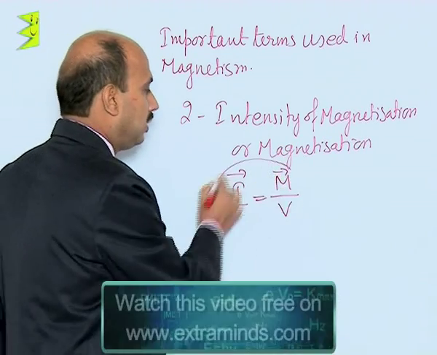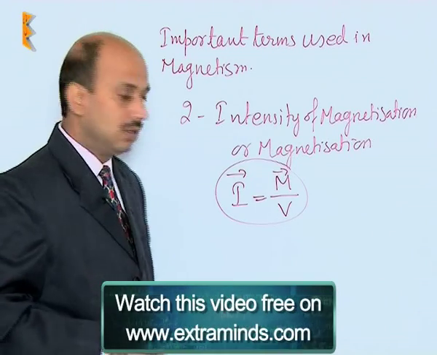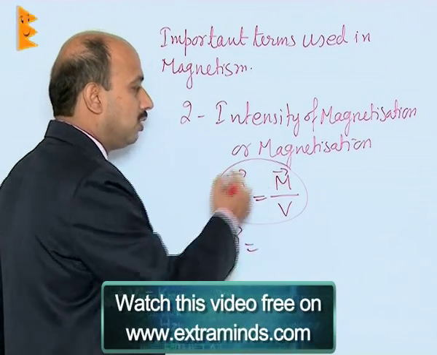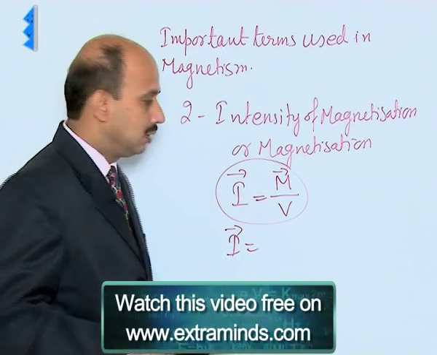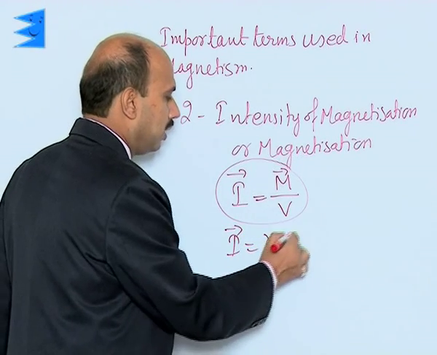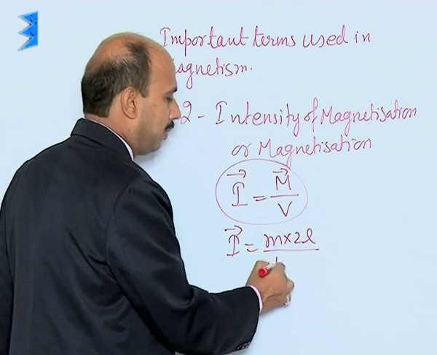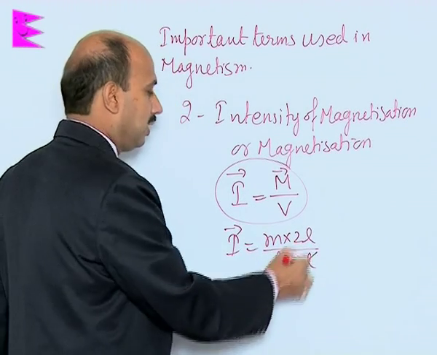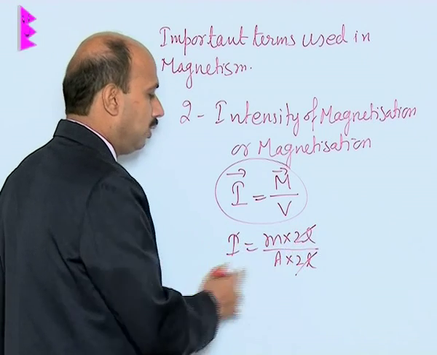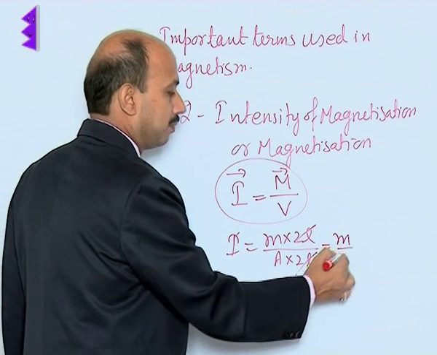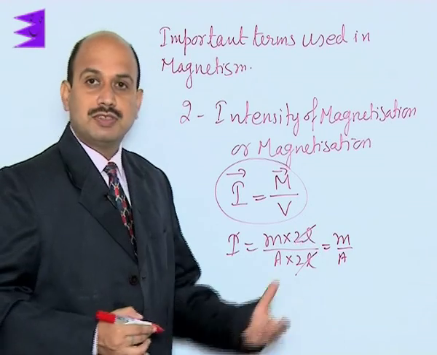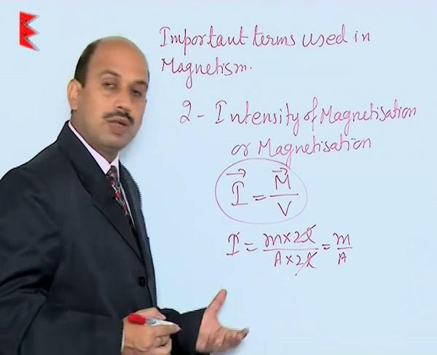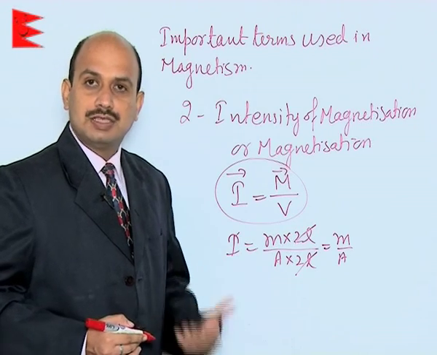This is also a vector quantity, and we can write I = m, the total magnetic dipole moment, that is m into 2L, divided by A into 2L, the total volume. That gets cancelled, so we can write m upon A, that is the pole strength per unit area. So, magnetic pole strength per unit area is known as intensity of magnetization.